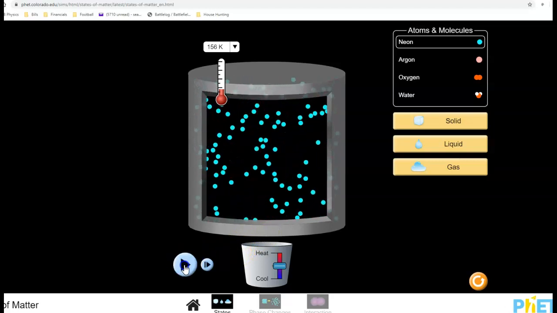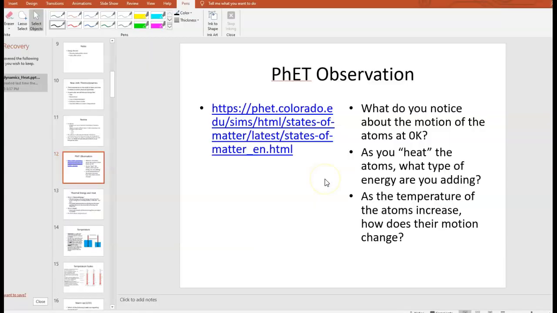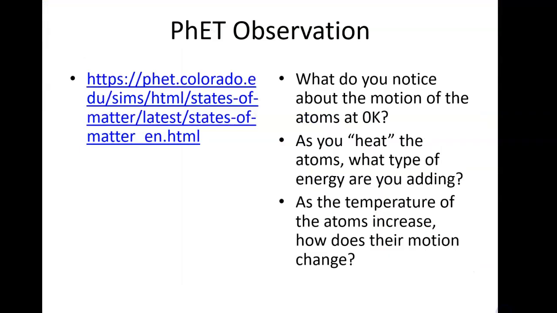Okay, so using that simulation, we should be able to answer some of the questions we had before. What do you notice about the motion of the atoms at 0 Kelvin? Again, this is called absolute zero. The reason it's called absolute zero is because it is absolutely the lowest possible temperature an object can have.